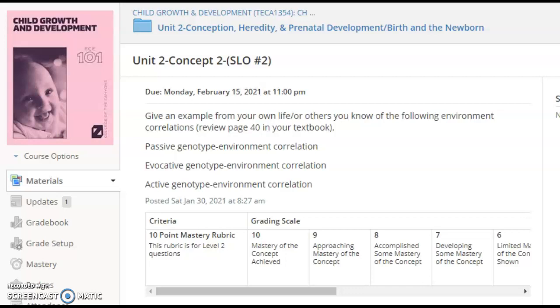Then we have active genotype environment correlations, which occur when individuals seek out environments that support their genetic tendencies. Sometimes we call this niche picking, depending on how you pronounce that. It references being musically inclined, but you might also have an experience where something isn't really fostered in the home, but you're drawn to it.